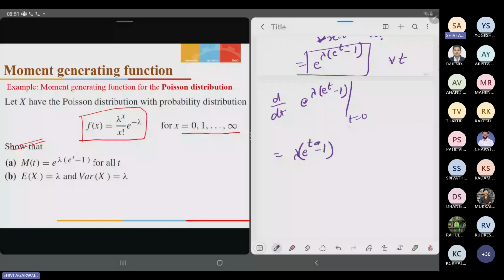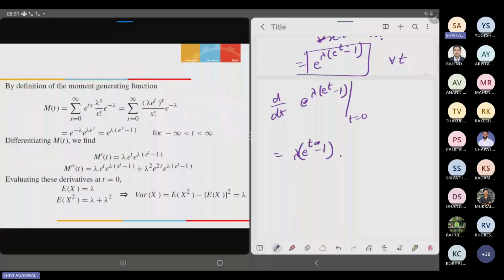Okay, we are just taking the differentiation of this to find the expectation value.